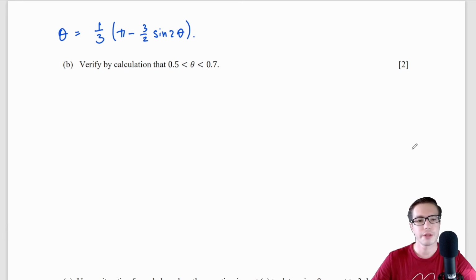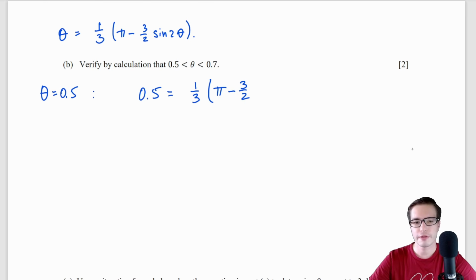Now for the next question, I'm going to substitute 0.5 and 0.7 into our previous equation and see what happens. So if theta equals 0.5, I will get 0.5 on the left and on the right a third of pi minus 3 over 2 times sine of 2 times 0.5, which is 1.